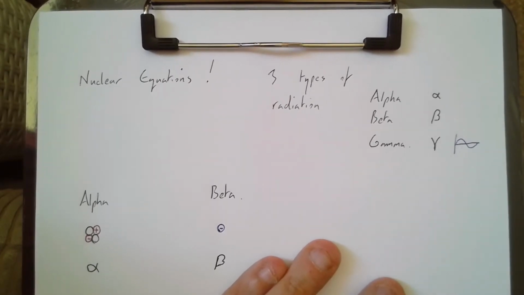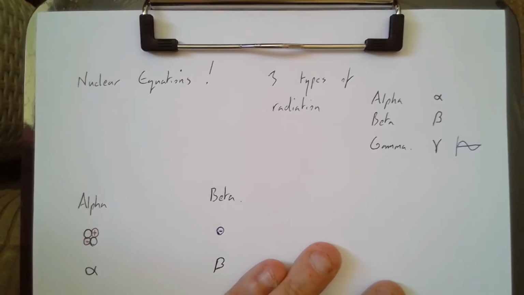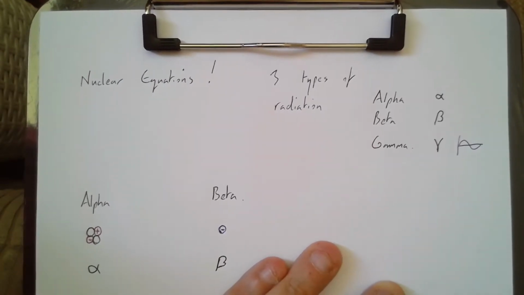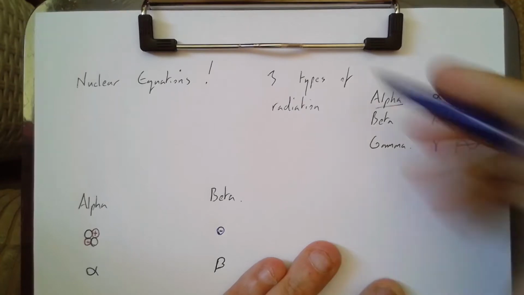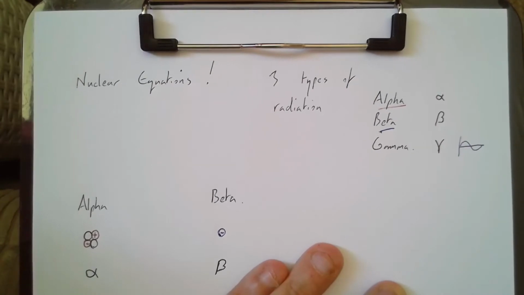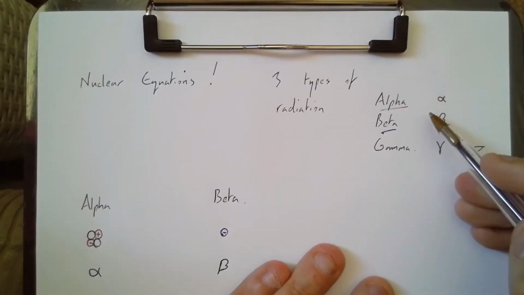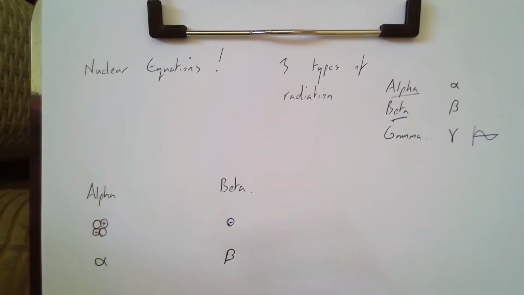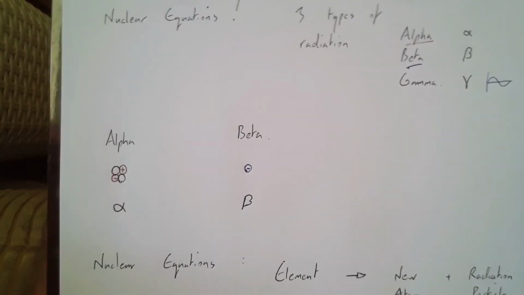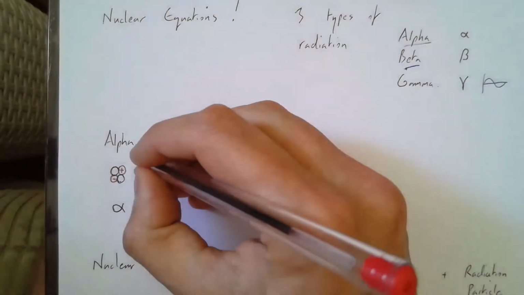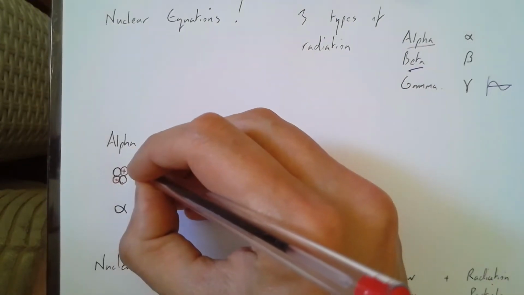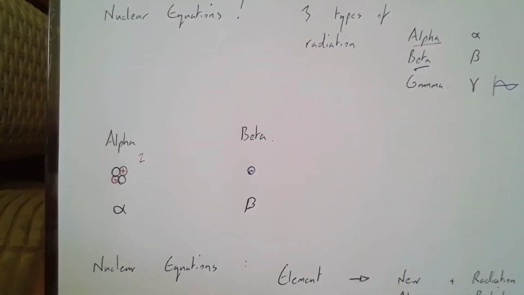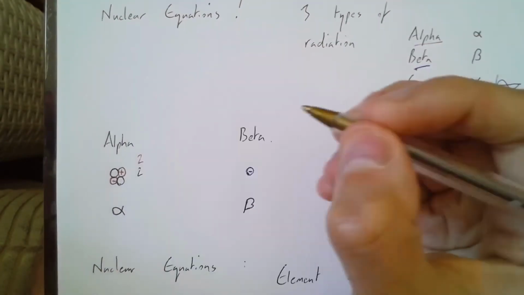So, gamma is a wave. You don't need to worry about this for here. We need to worry about alpha and beta particles. Now, as we know from our last lesson, alpha particles are made up of 2 protons and 2 neutrons.